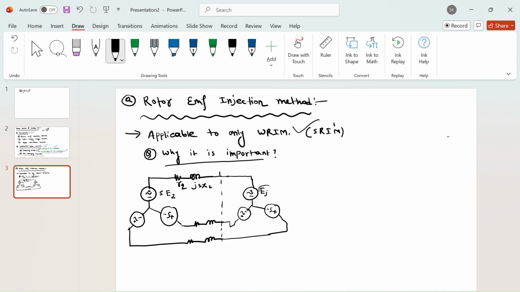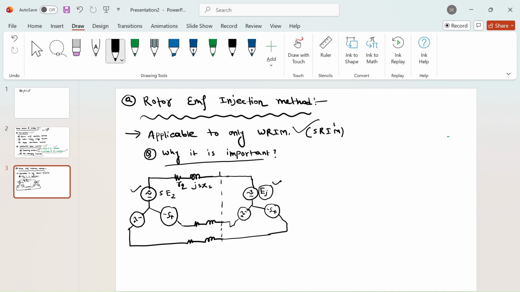One more thing: what will be the frequency of the injected voltage? The frequency of Ej must be the same as the rotor frequency, because you have two sources. So for proper power flow, the frequency of the two sources must be the same. This is the thing that the inverter will take care of. It will track the frequency, and it will inject the voltage with the same frequency as the rotor induced EMF.